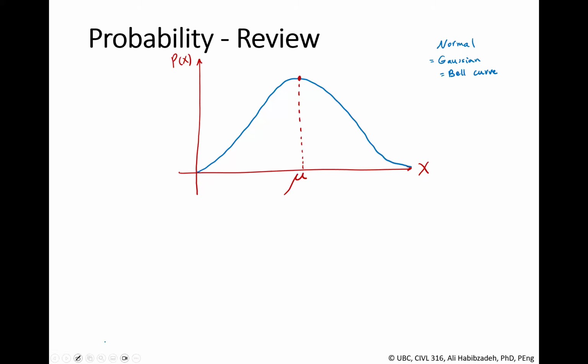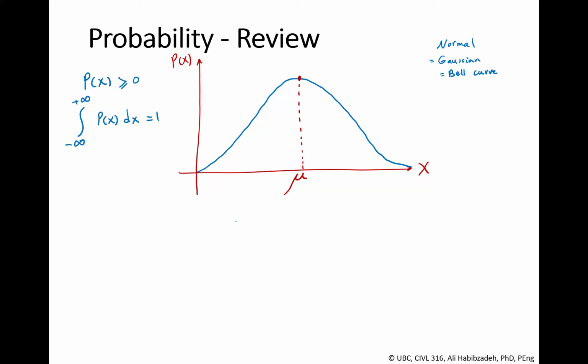Now, the properties of this curve or distribution are such that probability of every event is greater than or equal to 0, so we don't have negative probabilities. And if you integrate throughout the entire domain from negative infinity to positive infinity, p of x dx, you get 1. So that's the area under the graph. That means among all possible events that could occur, x values, at least one of them will happen.